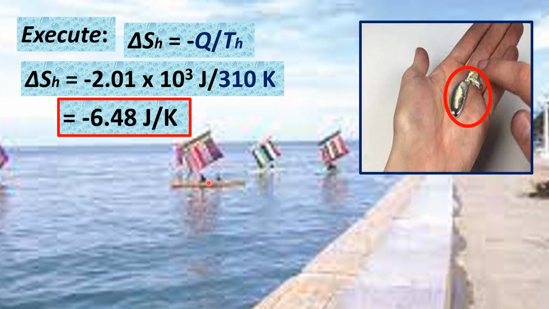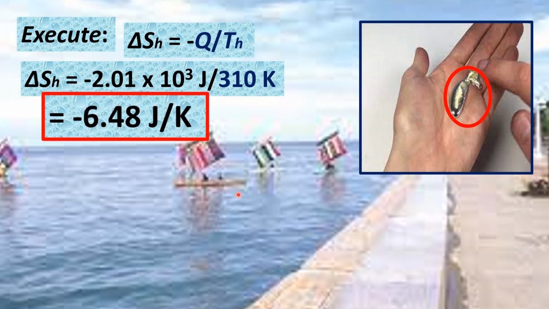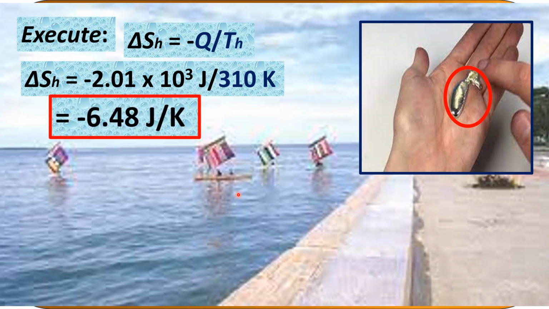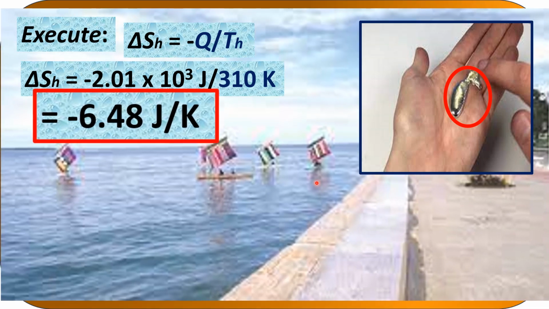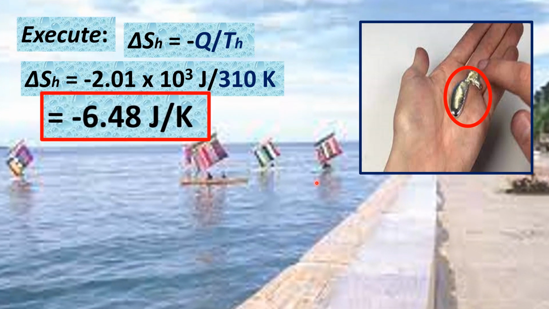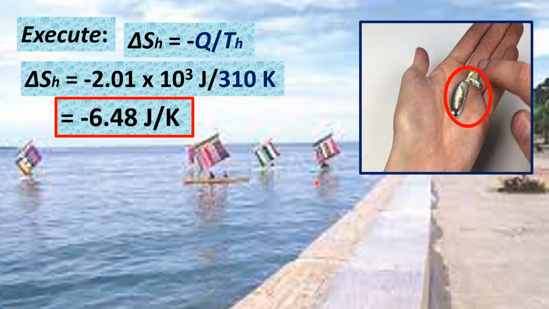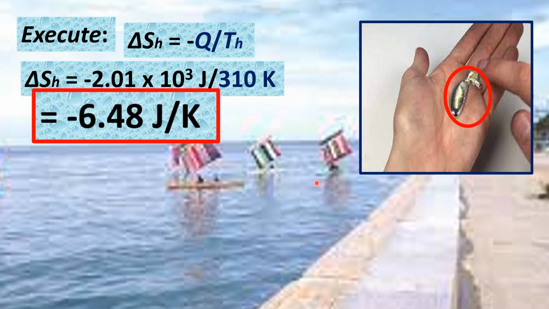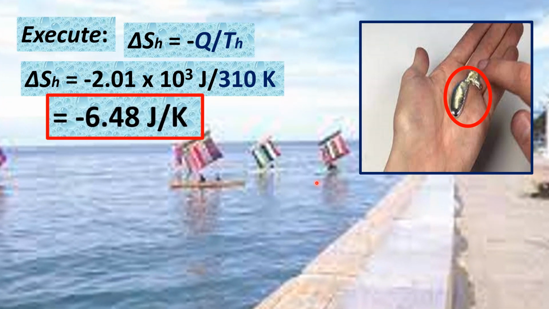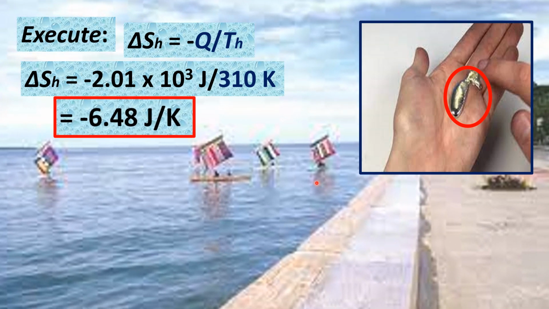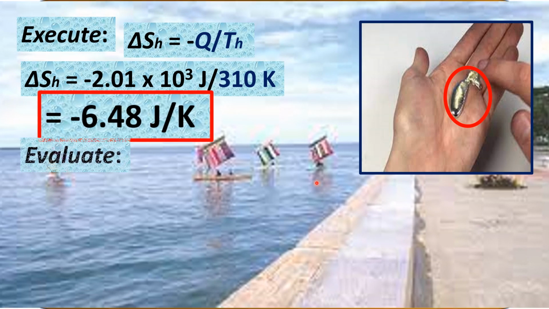So what does this mean? This means that there is an increase in the net entropy, which can also be interpreted as an increase in the entropy of the universe.